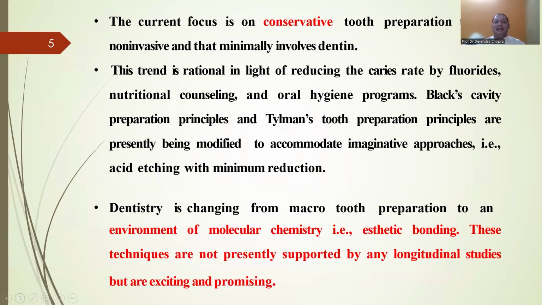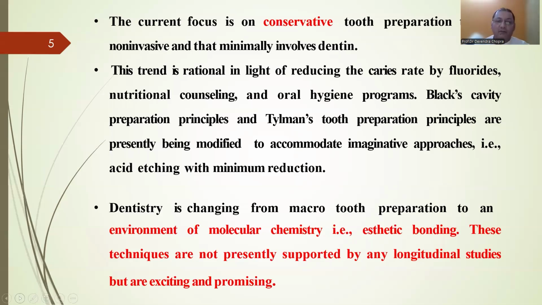Okay. So right now we are living in a world of advances in digital dentistry, and we talk about more and more conservation. So here today I will be focusing on preventive or conservative prosthodontics. What is conservative prosthodontics?